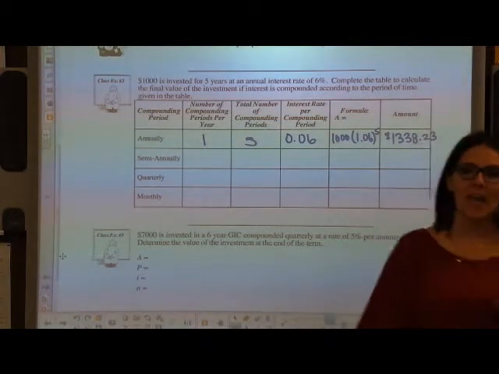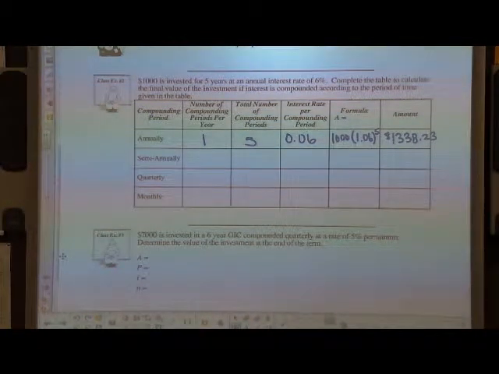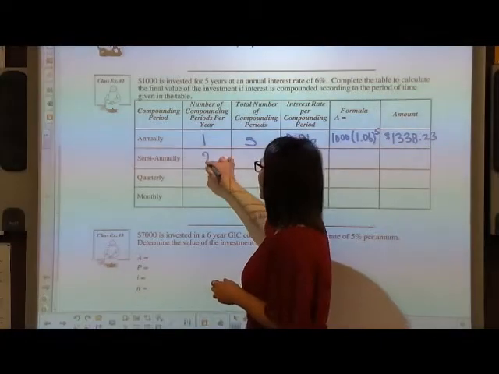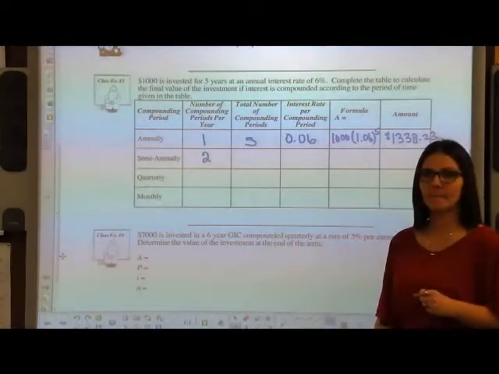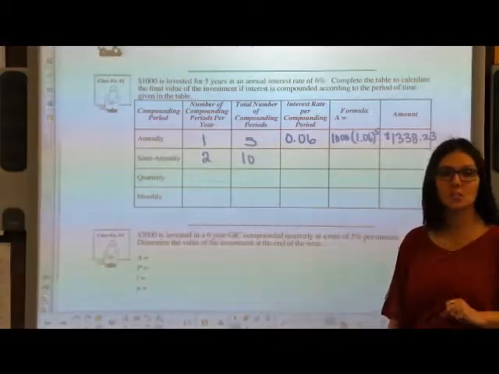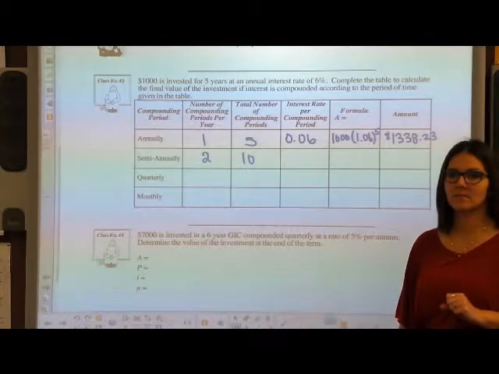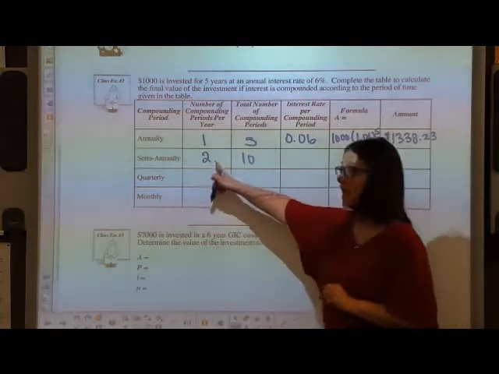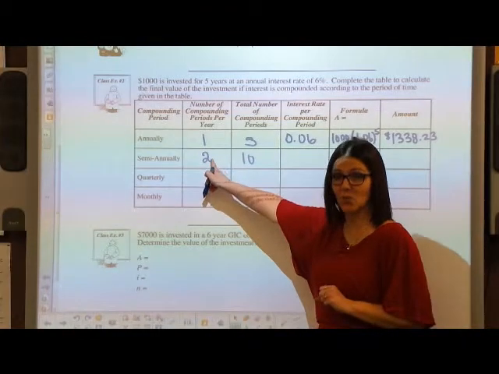Semi-annually means how many times per year? Twice. So in 5 years, how many periods would that be? 10. And what would be my interest per compounding period? Still 0.06, but I'd have to divide it by 2 because it's twice a year.